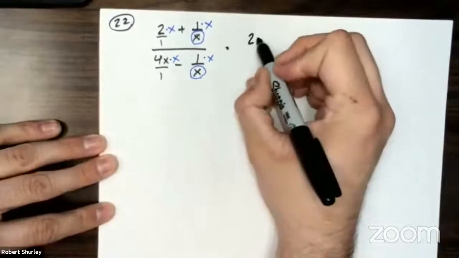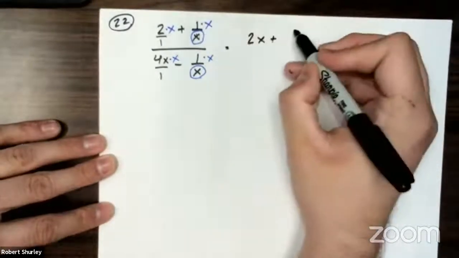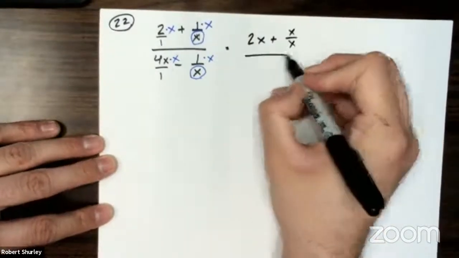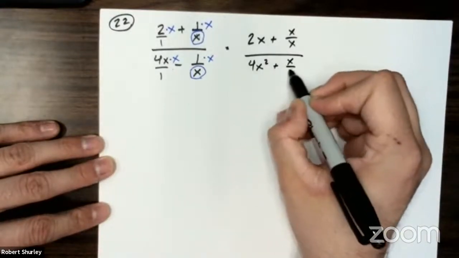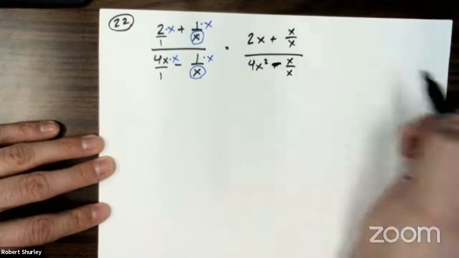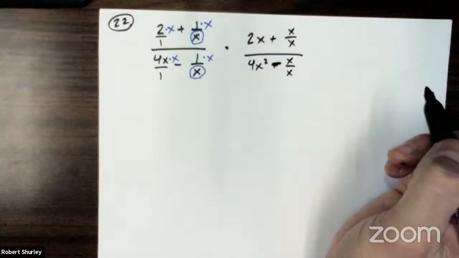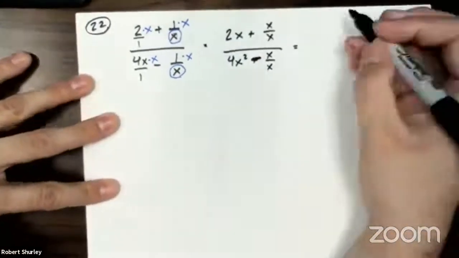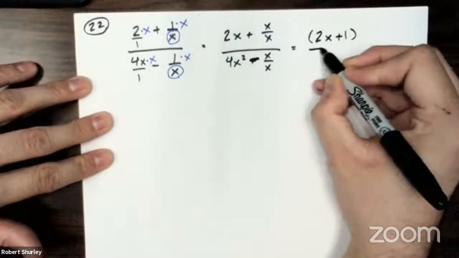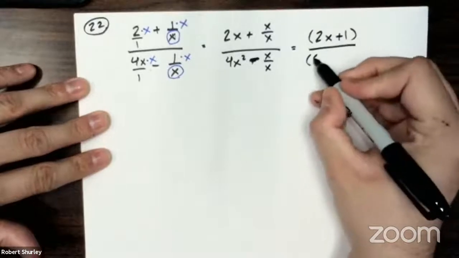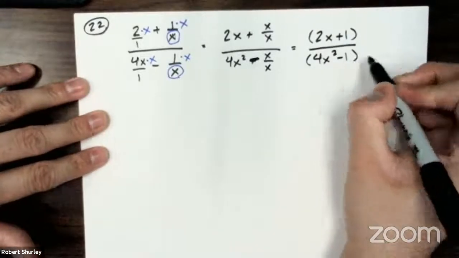So we wind up with 2x plus x over x, over 4x squared minus x over x. So x over x is just 1, and we wind up with 2x plus 1 in the numerator over 4x squared minus 1.